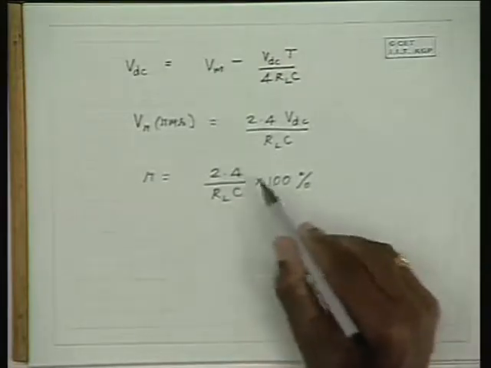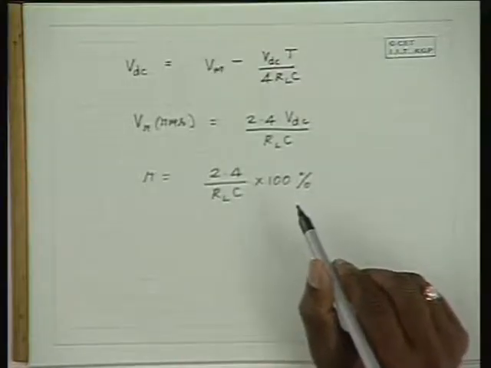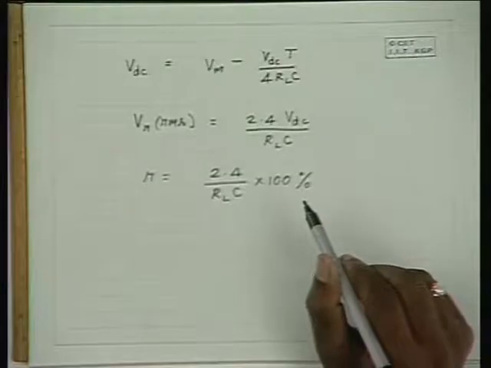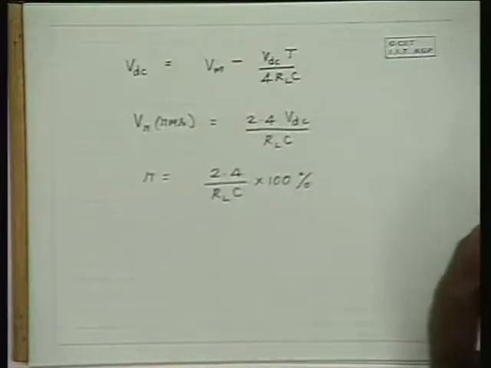But please note that this expression is valid only for very large time constant RL into C. For small time constant, this expression is not valid. So only for RLC of the order of 10 seconds or 100 seconds can this be used.